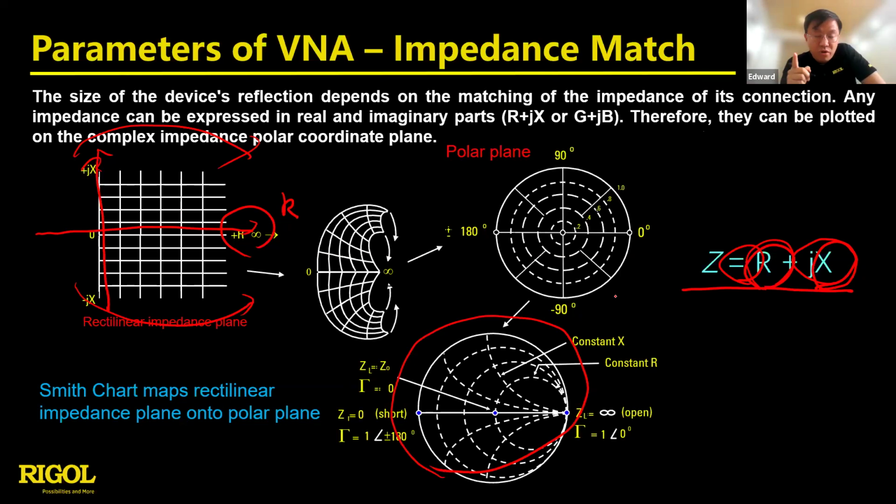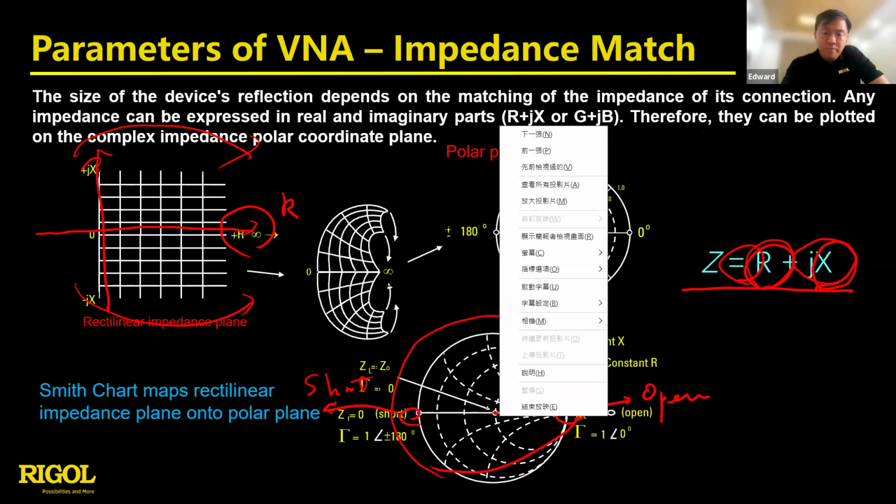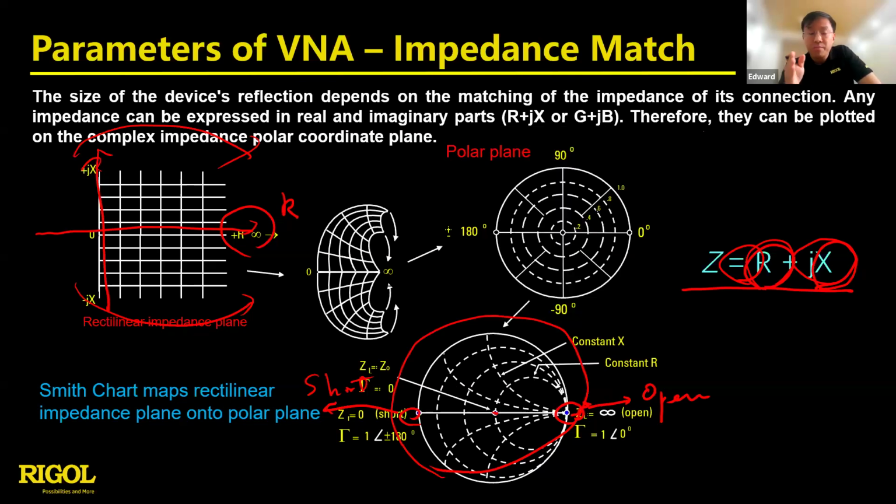The impedance chart, we can also call it a Smith chart, okay? So you can see on the right-hand side, this point is the open point. And on the left-hand side, this point is the short point. And the central part is the matching point. The matching point, we don't call it 50 ohms because you don't know how much impedance the customer wants to design for.